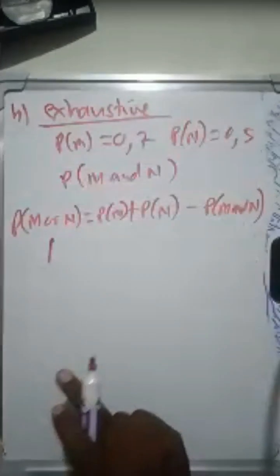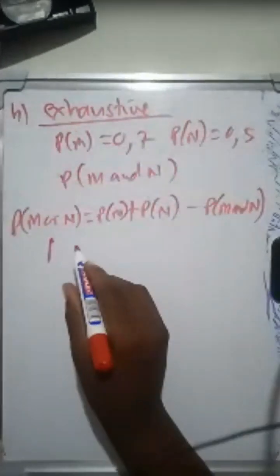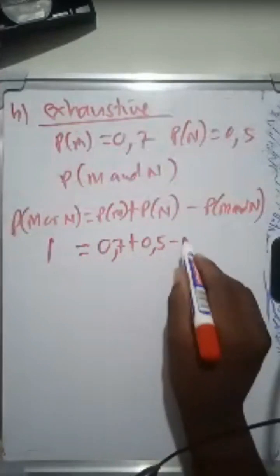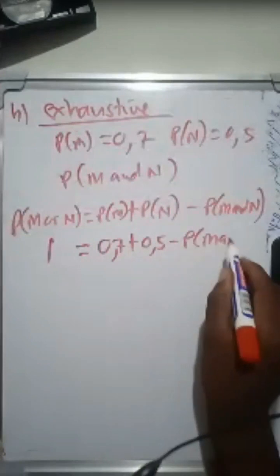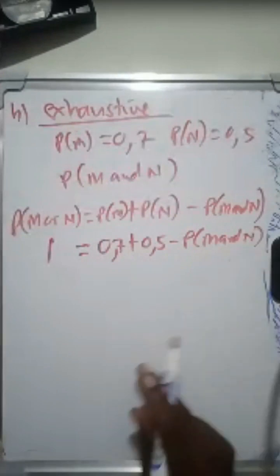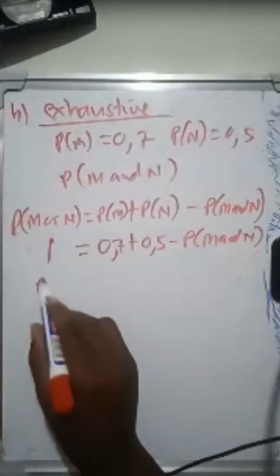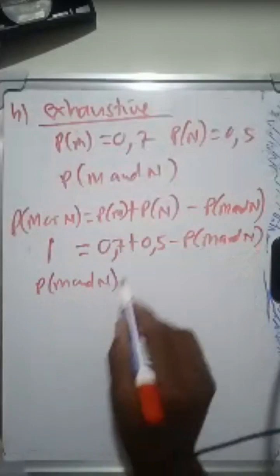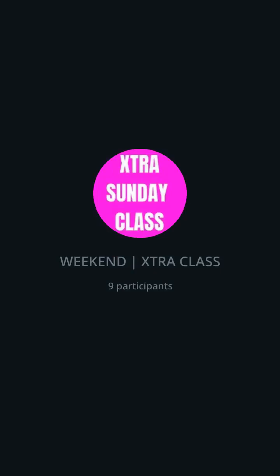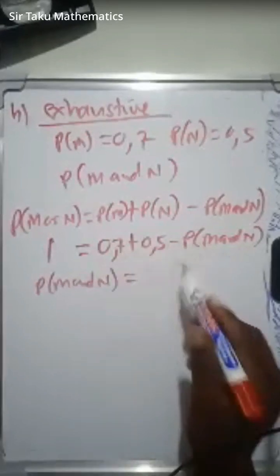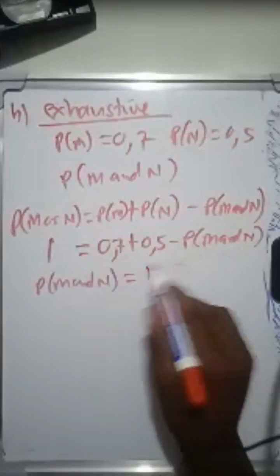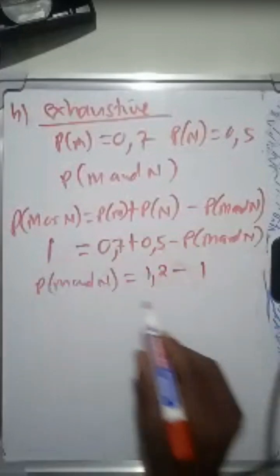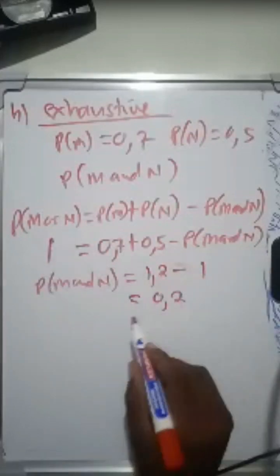It's 1. Because they are exhaustive events. Okay? So 1 is equal to 0.7 plus 0.5 minus probability of M and N. Bring this one that side, probability of M and N is equal to 0.7 plus 0.5, that one is going to be 1.2, minus 1, which is going to give us 0.2.